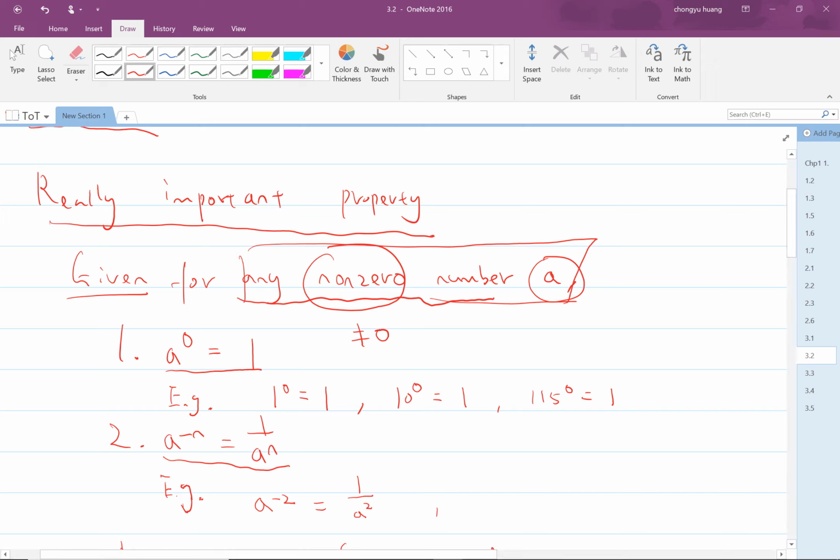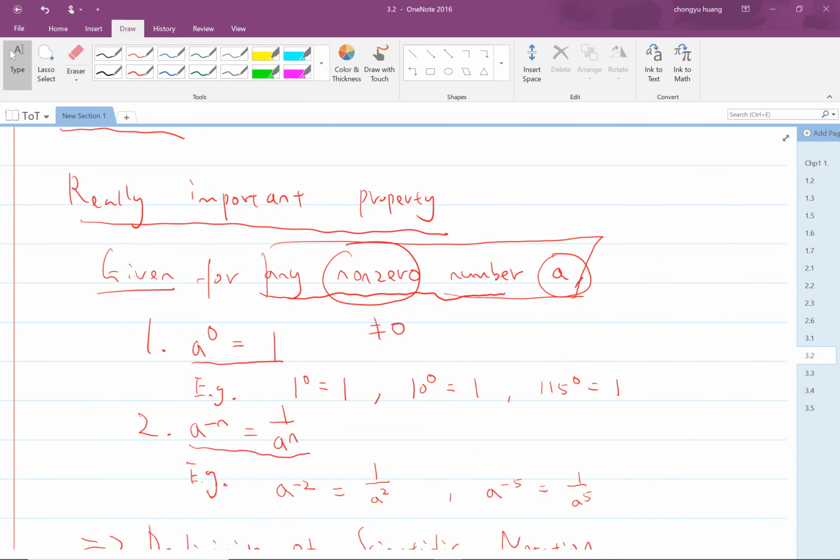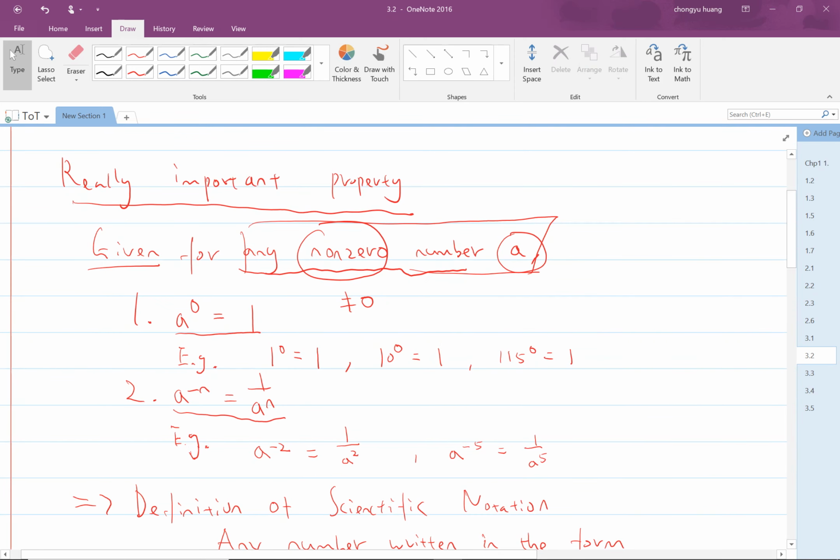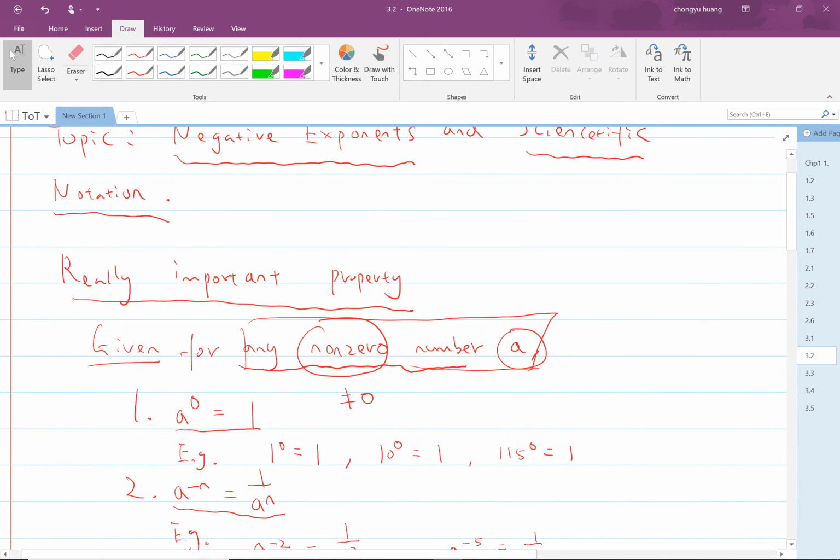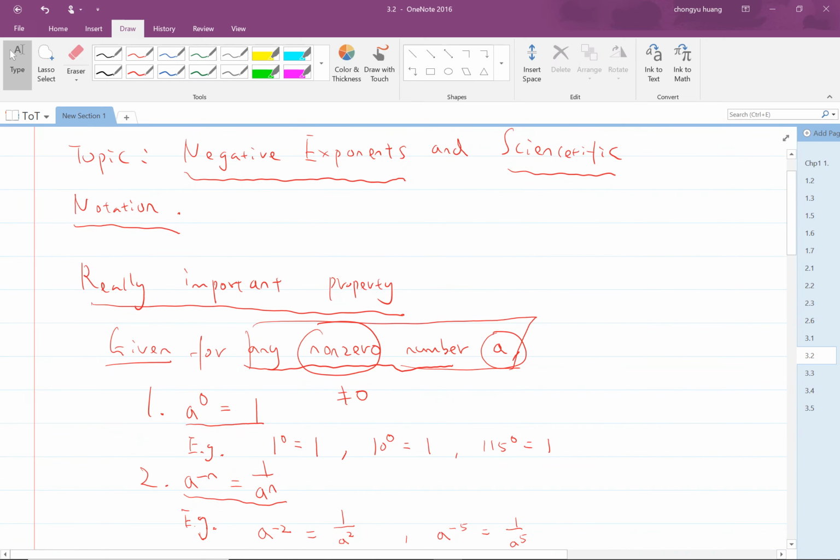One more: a to the power negative 5 simply equals 1 over a to the power 5. I think this is quite easy to understand, and you need to know how to apply those properties. That's most of the really important properties for the negative exponent.